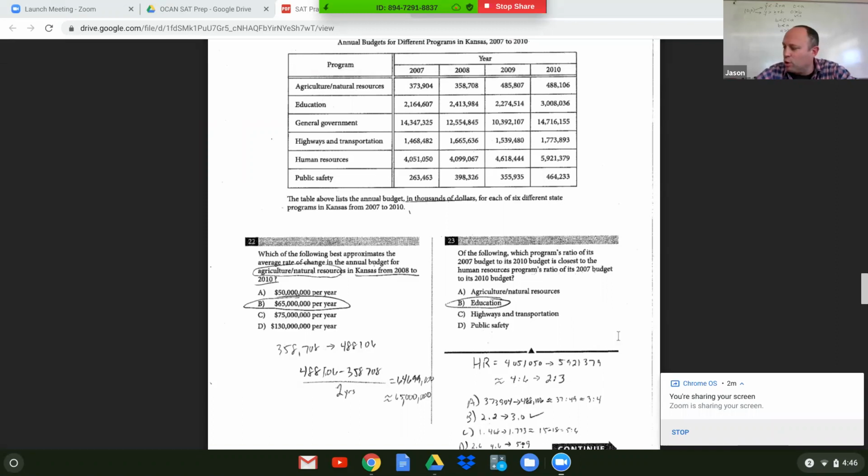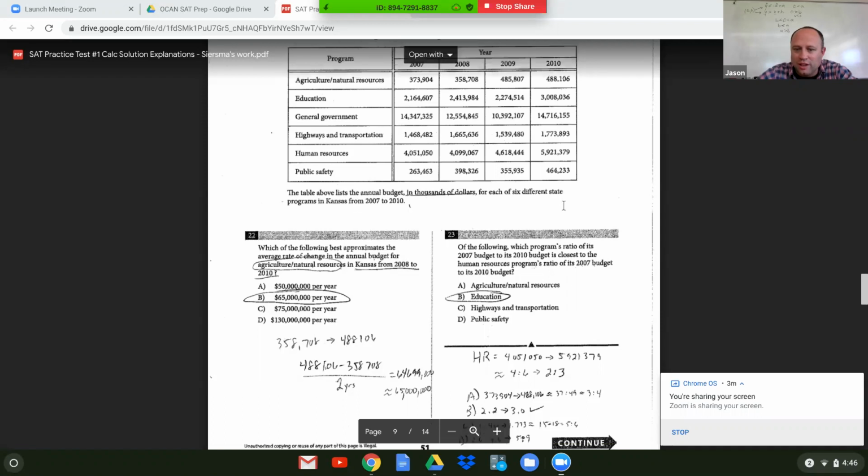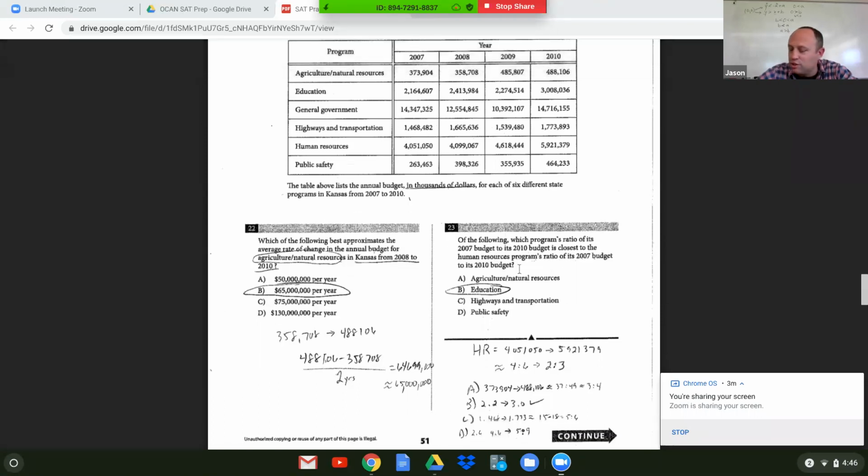I did this on my own earlier, but I get 0.684. So what I really want to do is just take all of these, the agriculture, the education, the highway transportation, and the public safety, and just divide 2007 by 2010. And when I do that for A, for agriculture, I get 0.766.